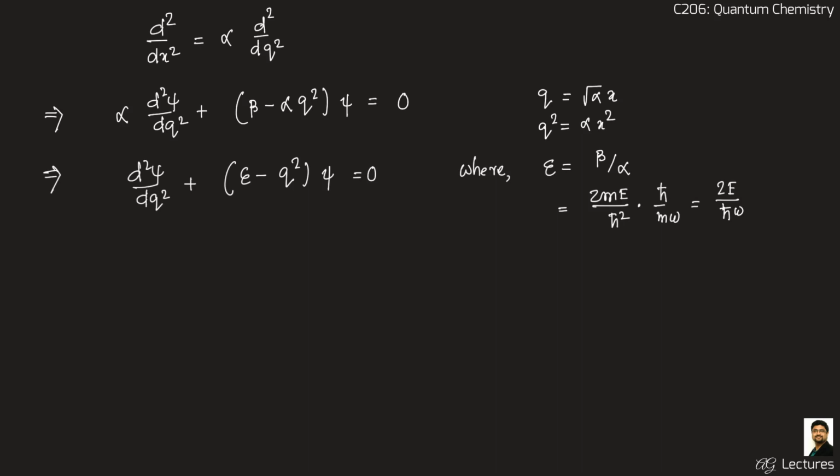But first things first, we now have to solve this equation that we have got. The central equation is this now, and the way we'll try to solve it is that first we'll find the asymptotic form, meaning when x is very large, what the form of the solution might be.